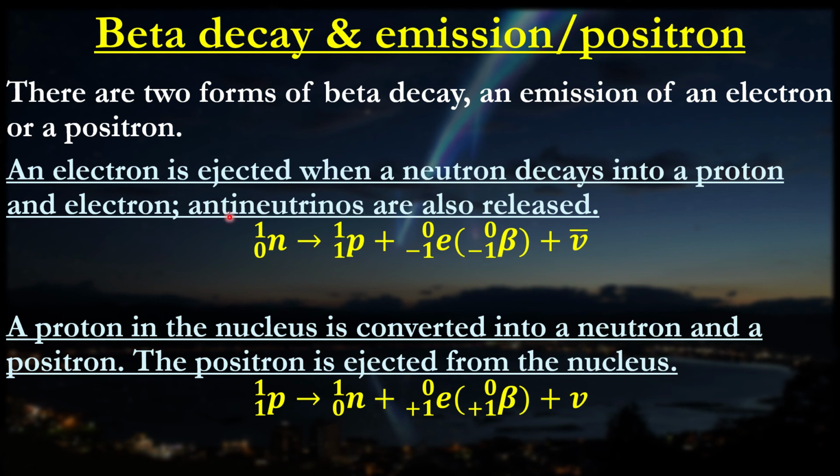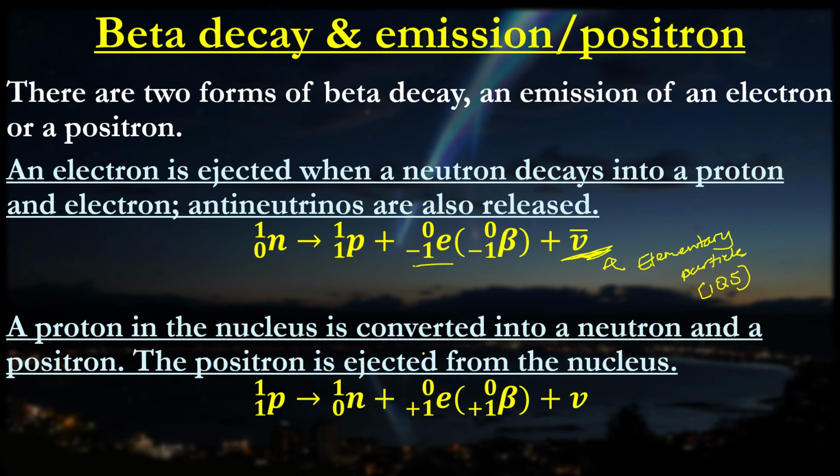This does produce a thing called an antineutrino. Okay, so this antineutrino here. Just to give you an idea, a neutrino is actually an elementary particle, which we will talk a bit more about in the final inquiry question, inquiry question 5. But just keep that in mind, it always accompanies a beta decay.